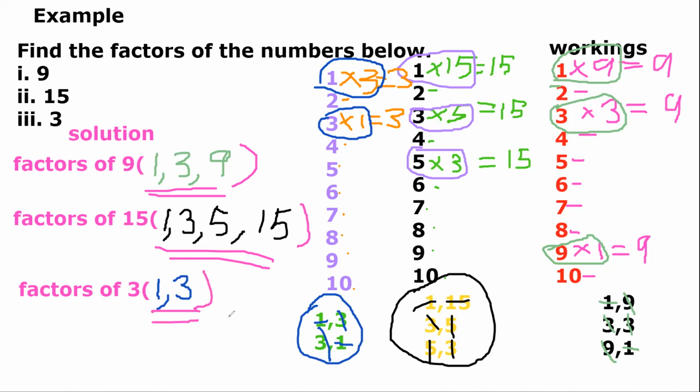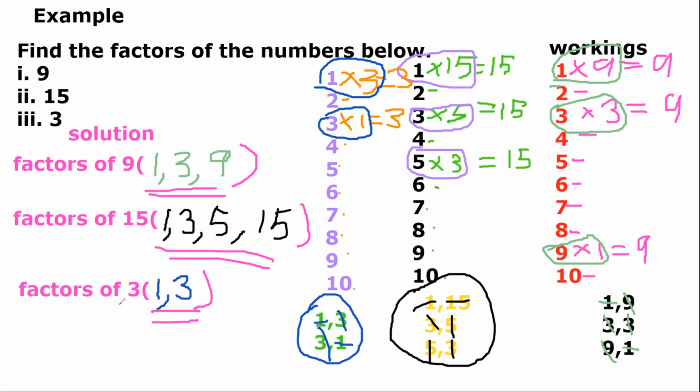So the factors of 3 here are only 1 and 3. 1 and 3 are the numbers that can divide 3 equally. Let's see whether these numbers also fall under the properties of factors. First, 1 is a factor of every number, and you have 1 in the factors.